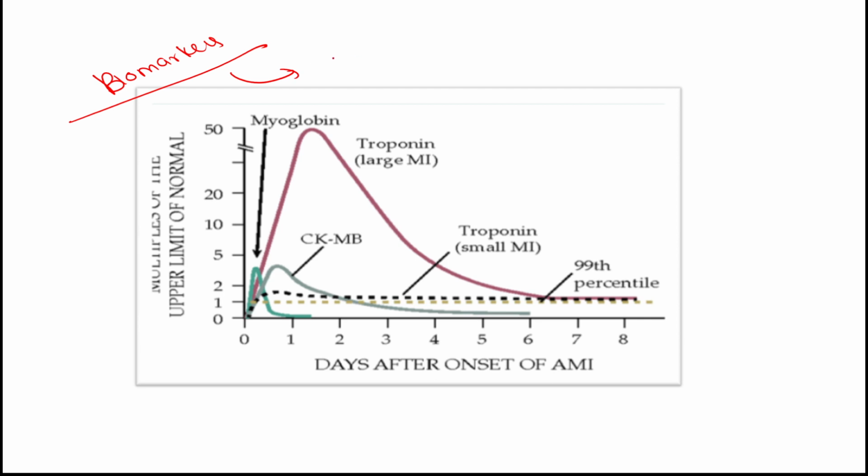So biomarkers are used to identify diseases. This is what would happen. Now, if there is a myocardial infarction, MI, what would happen? There is cellular death of cells in the heart, or the muscle cells of the heart.